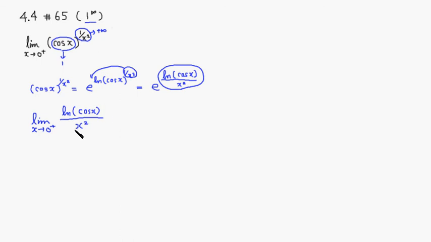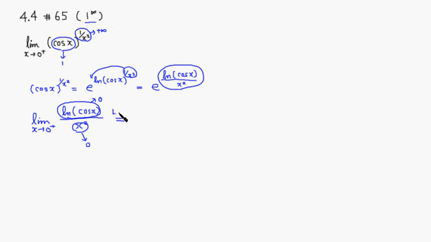If you plug in, the denominator obviously goes to 0. Cosine of 0 is 1, but the natural log of 1 is 0 as well, so the top goes to 0. Now we can apply L'Hopital's rule.